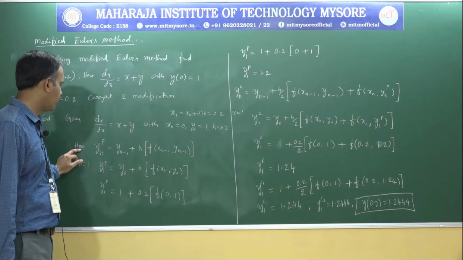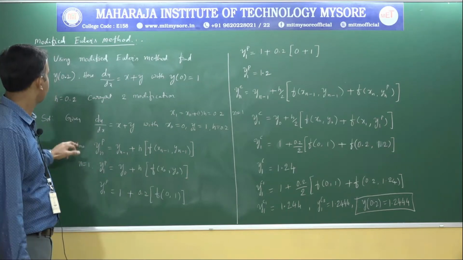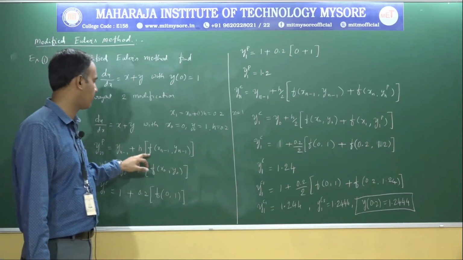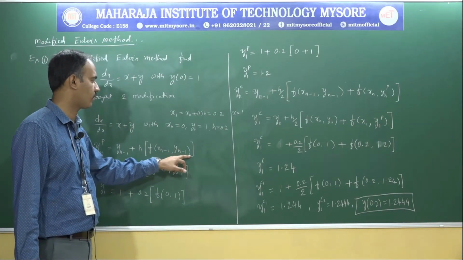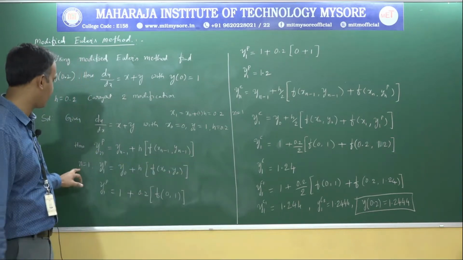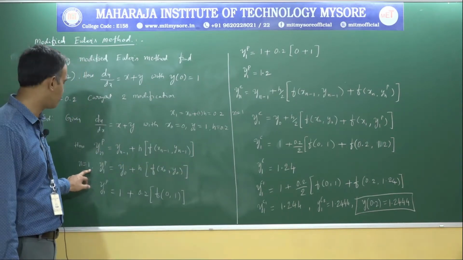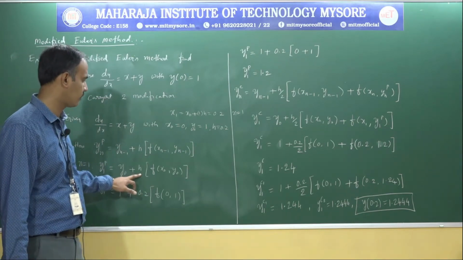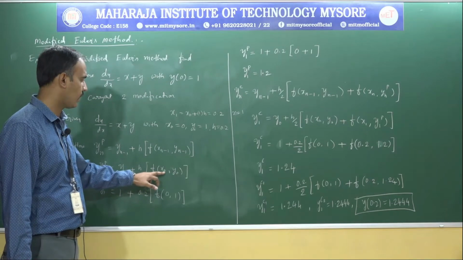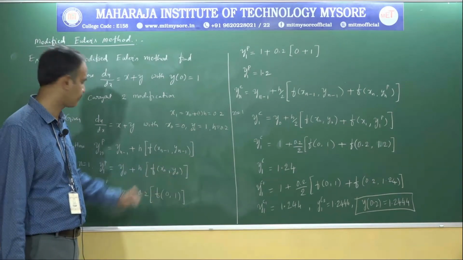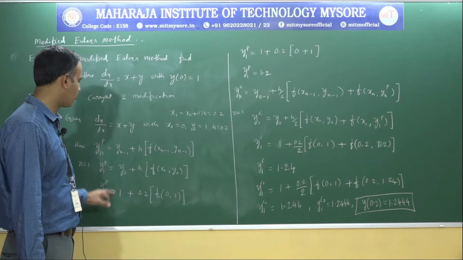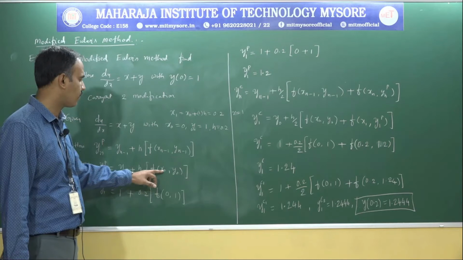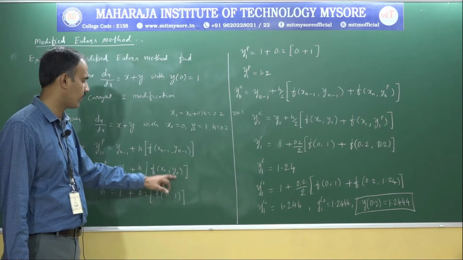Now we have the Euler's predictor formula, ynp is equal to yn minus 1 plus h into f of xn minus 1 comma y of n minus 1. If we take n equal to 1, then y1p is equal to y0 plus h f of x0 comma y0. y1p is equal to y0 value 1, h value 0.2 given, f of x0, y0 with x0 value 0 and y0 value 1.